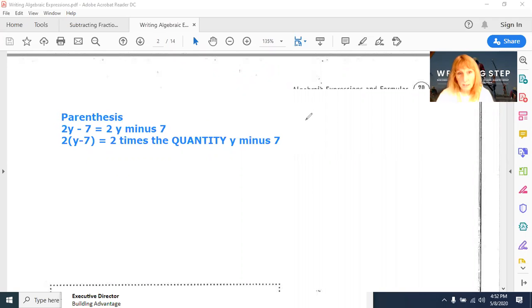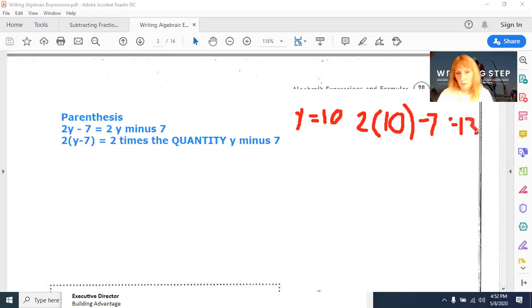So we're going to put in 10 for y. y equals 10. So if I plug that into the first expression, I get 2 times 10 minus 7, right? So that's the same as 20 minus 7. That's 13, right? That would be 13.